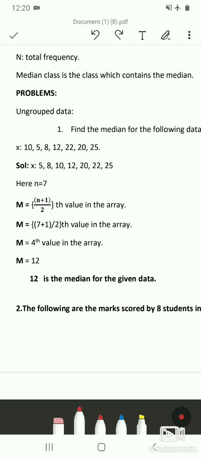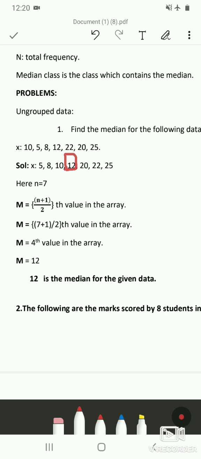Using the median formula, that is 7 plus 1 upon 2, that is 8 upon 2, is 4. Therefore the median would be the 4th value in the array. Here median is not 4, but median is the 4th value in the array. That is, go to the array and check what is the 4th value. The 4th value is 12.